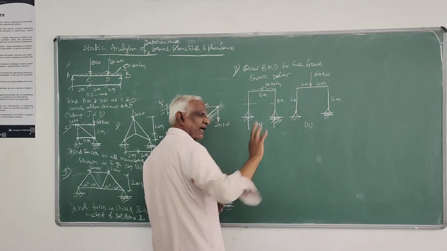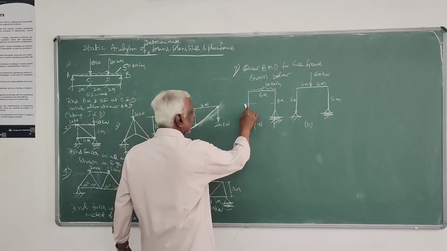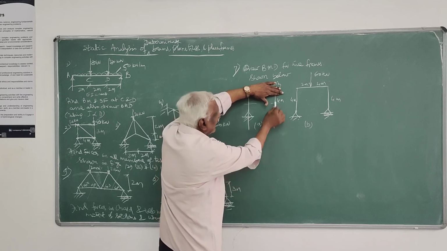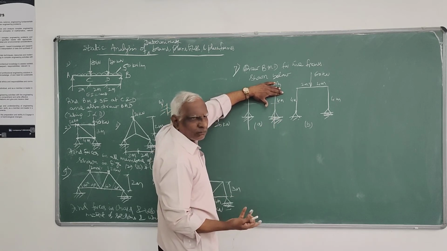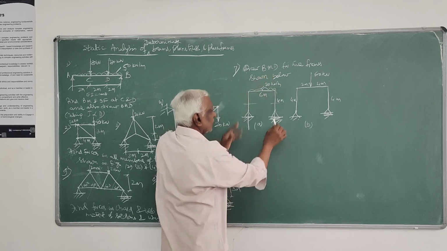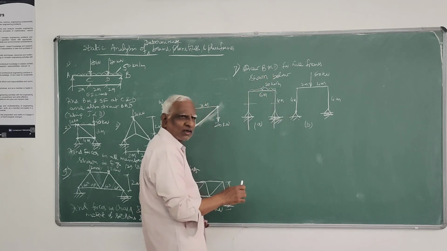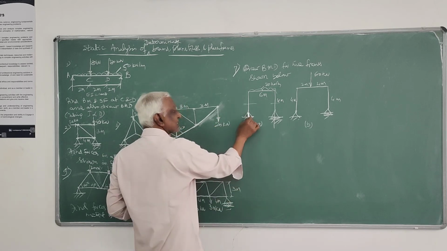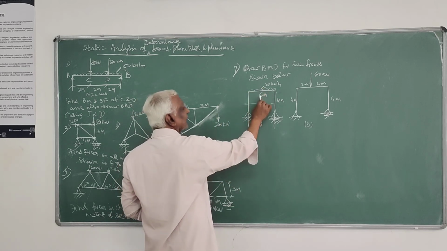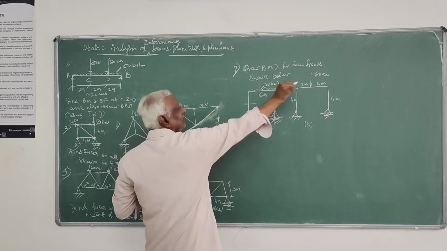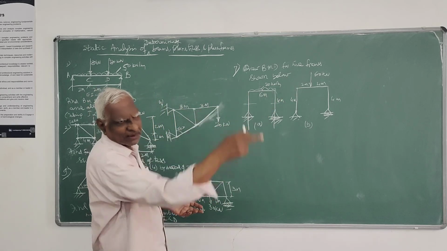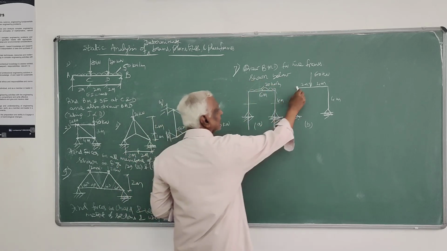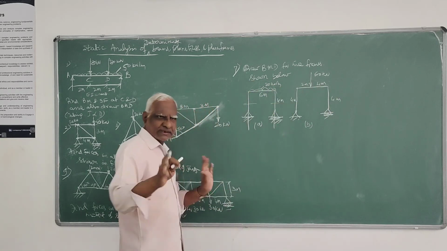If you take 2 sections here, if you take the free body diagram towards this side, bending moment about this section will be 0, because this will not contribute anything. So Mx is equal to 0, therefore when x equals 0 and x equals 4 meters, there won't be any moment. Same thing here also. You take a section here, get the moment equation, and you will get the bending moment diagram like this, here only like this, you can check.